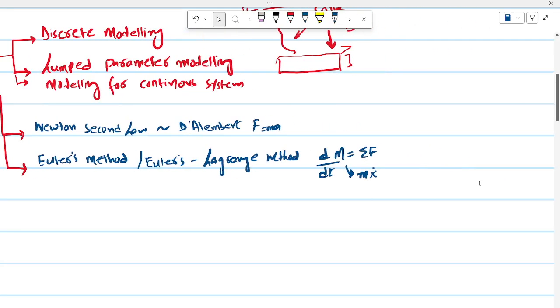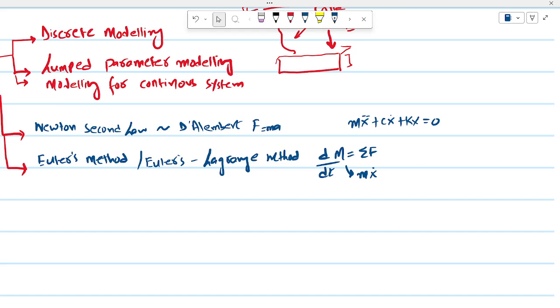We have already seen the derivation of the equation of motion using Newton's method and D'Alembert's method. Let's say the equation of motion we got from those was mx double dot plus cx dot plus kx equals 0.